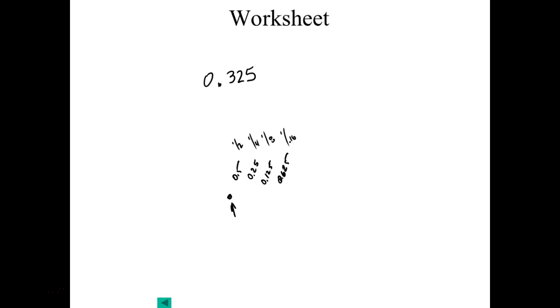So what's the biggest thing I could subtract from that? I can't subtract this. I'm going to put a what? 0. Everybody okay? Then I'm going to say 0.325. I can subtract this. So I'm going to subtract a what? A 0.25. And I'm going to put a 1 down there. And what does that leave?